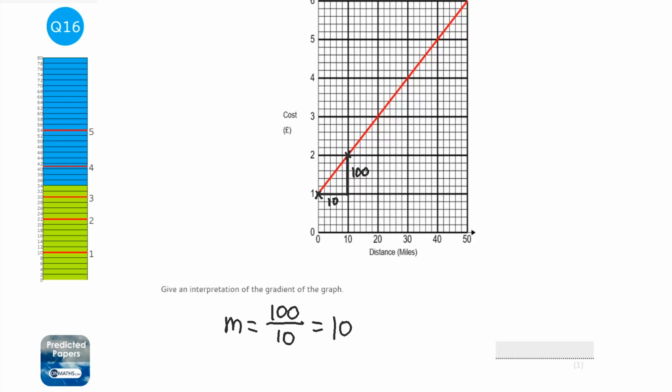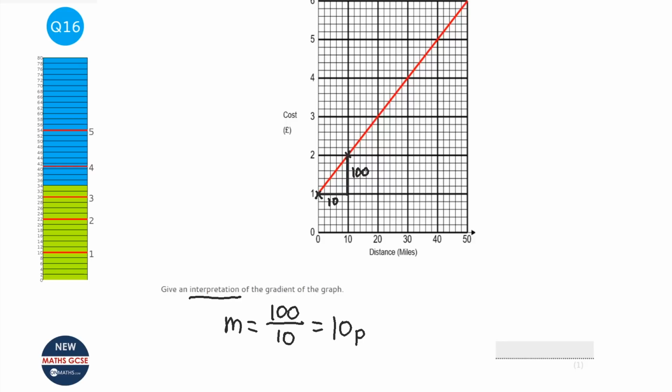Now, it says give an interpretation, so we haven't finished answering the question. What does that mean? Well, it means for every 1 mile that we've gone, it's going to cost 10 pence. Remember, I converted this into pence, so instead of pounds, it's going to be pence.